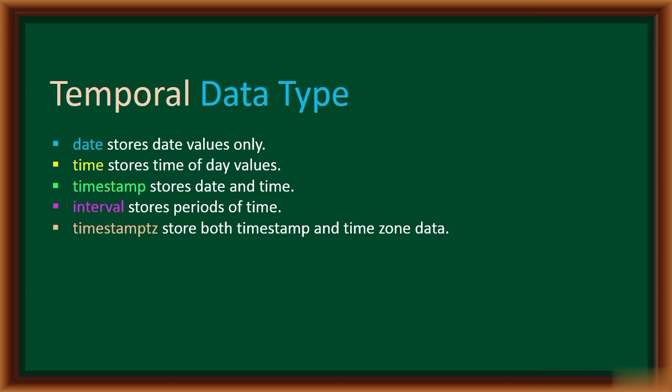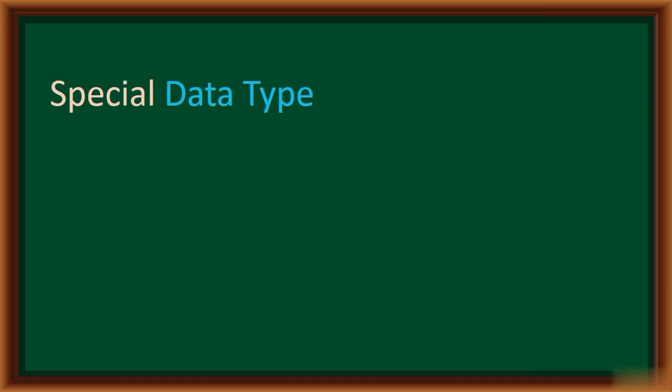The next data type is the special data type. So besides the primitive data types, Postgres also provides several data types related to the geometric and network. So the first is the box. Basically, this is a rectangular box type of data. Some of these are used with geometric or network related data.